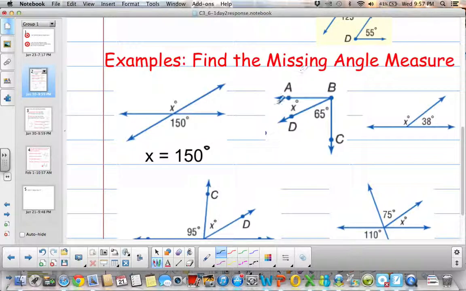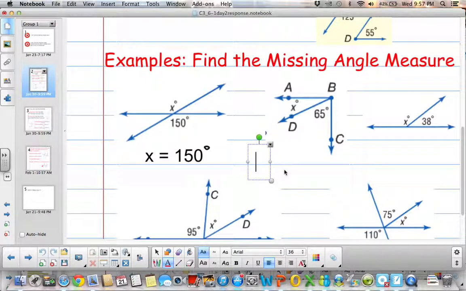Okay, we can see A, B, and C is a 90-degree angle. Okay, we will assume that. So then we know that 65 plus X equals 90. So we would have 65 plus X equals 90. And then we know to solve that we can subtract 65 on both sides.